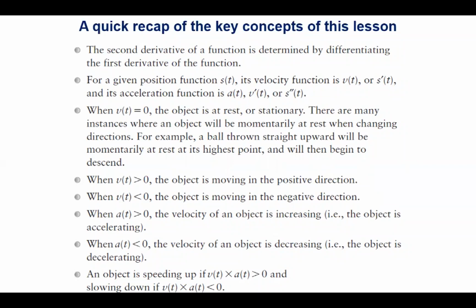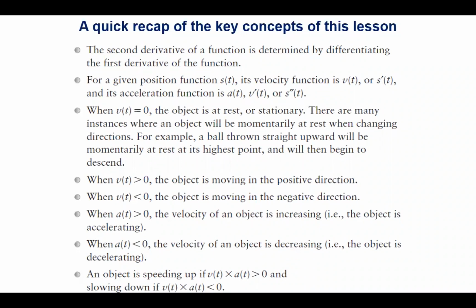Then, for a given position function s(t), its velocity function is v(t), the derivative of s(t), and its acceleration function is a(t), the derivative of v(t), or the second derivative of s(t). Then when v(t) equals 0, the object is at rest or stationary.